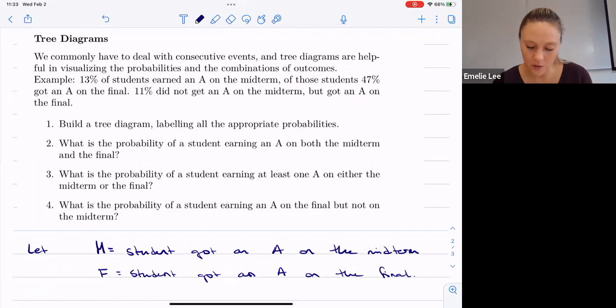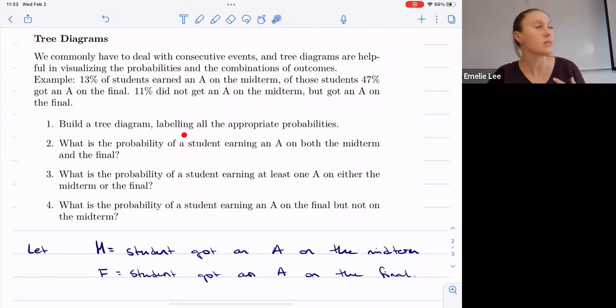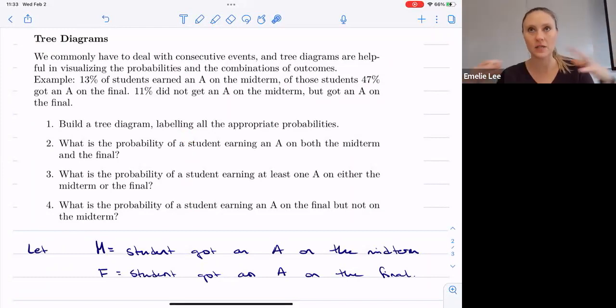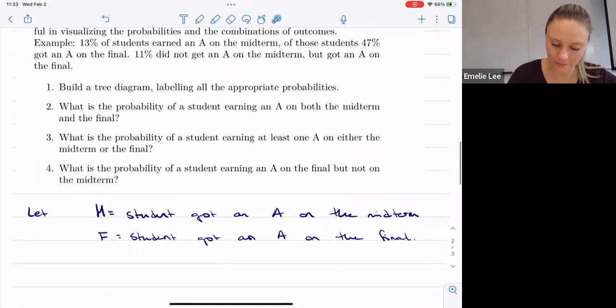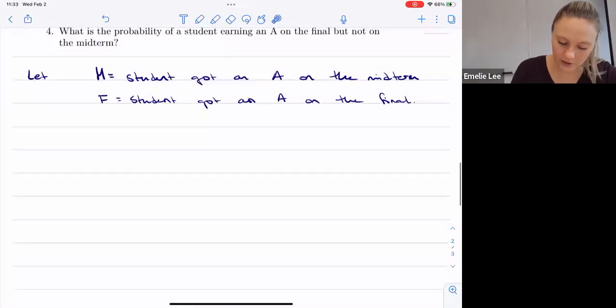Okay, so we've got a series of questions, but before I do any of that, I just want to show you in general what the tree diagram is going to look like, and then we'll melt it towards this problem.